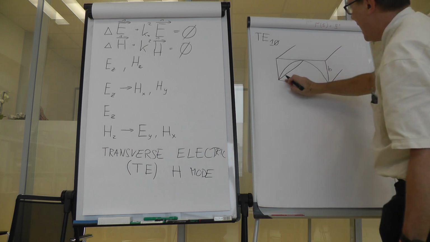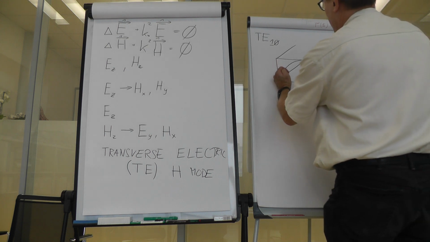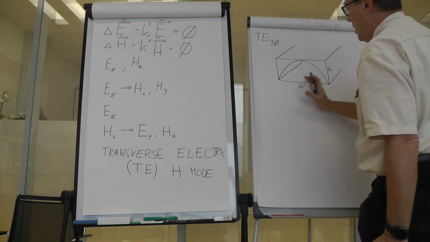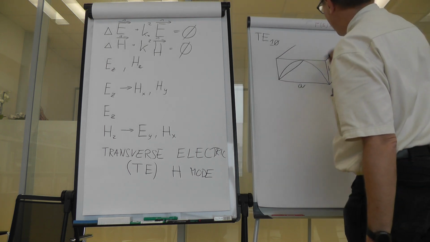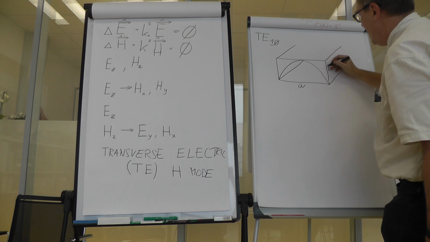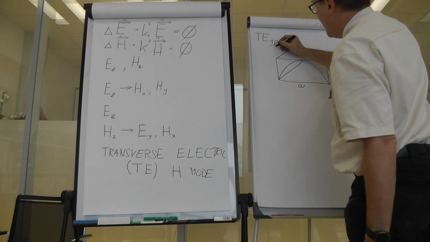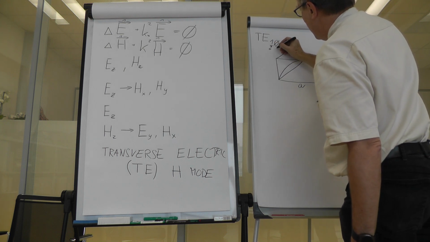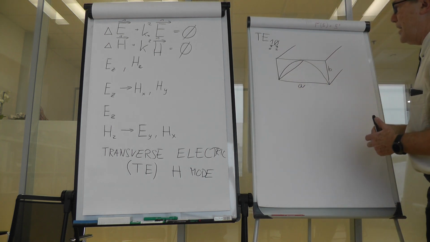You have 1/2 of sine wave for the distribution of electric field at the longer wall. And you have 0 sine waves on the shorter one. So this is A, and this reflects to the number of half waves at the B direction.